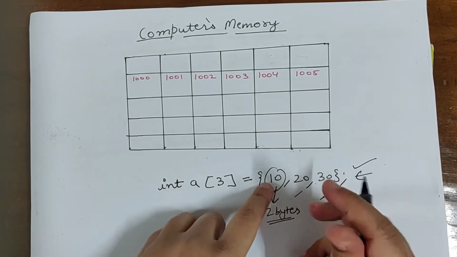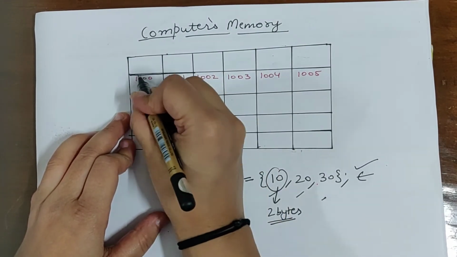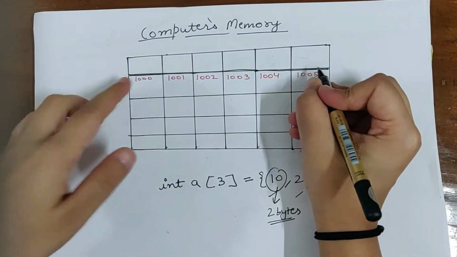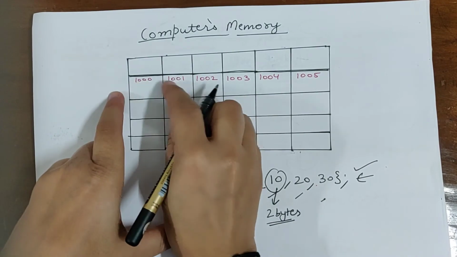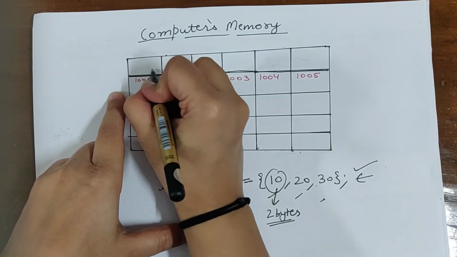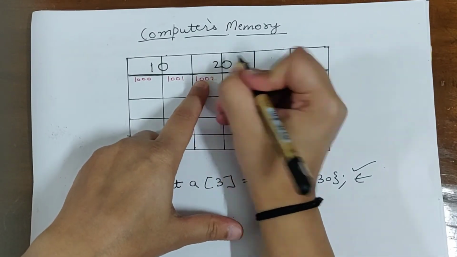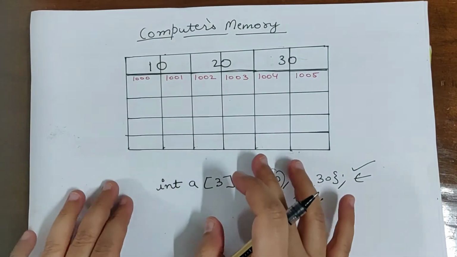So it will block these blocks, containing first, second, and then third. My first roll number will take 2 bytes, address 1001, and will be stored here, then the second roll number here, and then the third here. Like this I am storing in memory.